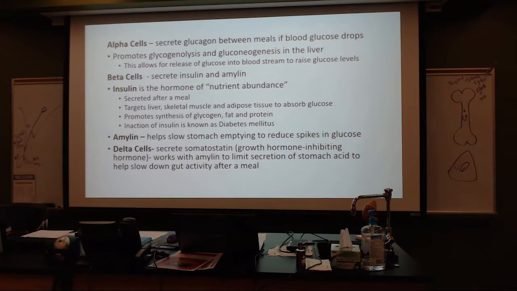Now let me explain real quick. The only nutrient the brain can use, which I've mentioned before, is glucose. So the body will do everything it can to provide the brain with glucose.